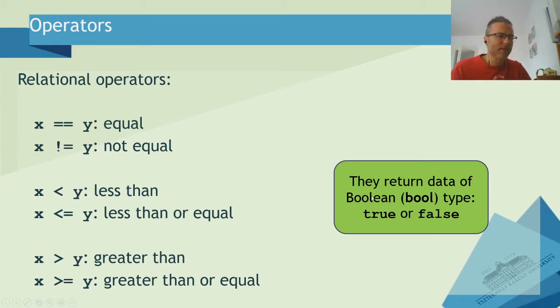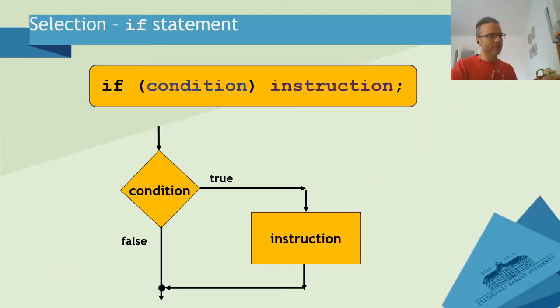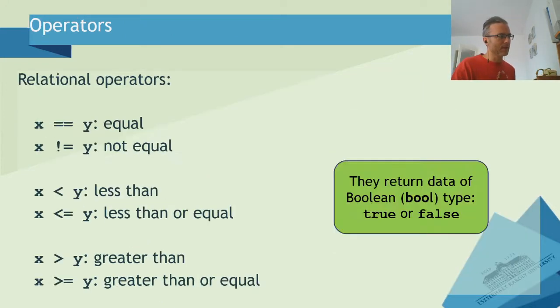Okay, here I have something written in the green box. It says that whatever x and y, I mean, whatever the type of x and y here, the result will be either true or false. You see, because you need this true or false value, for example, here in the if instruction.